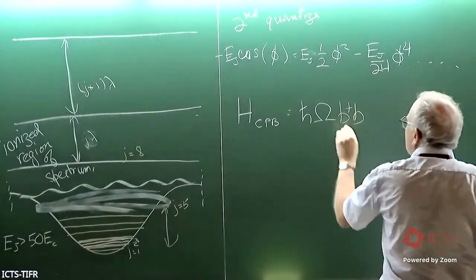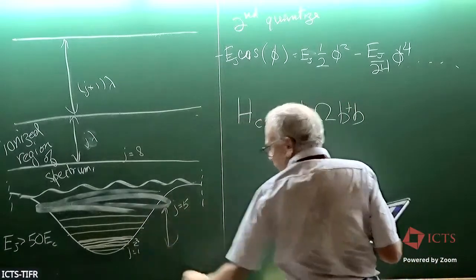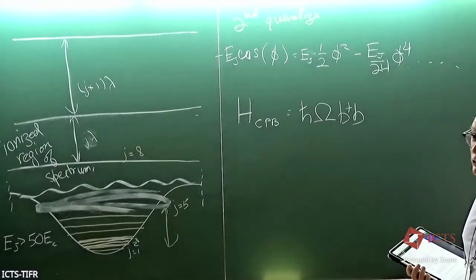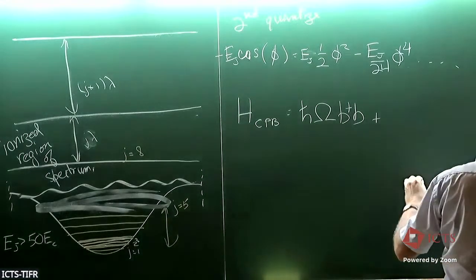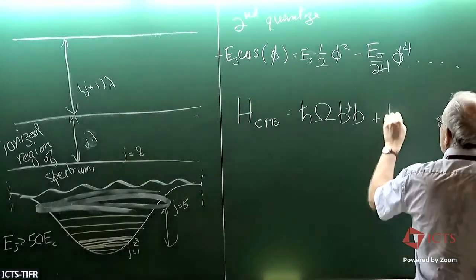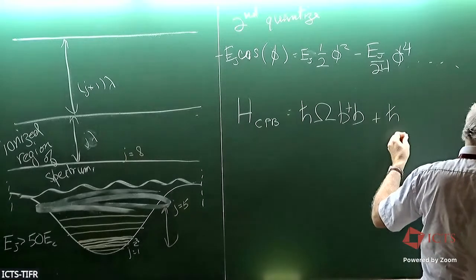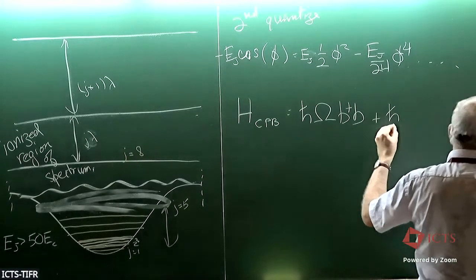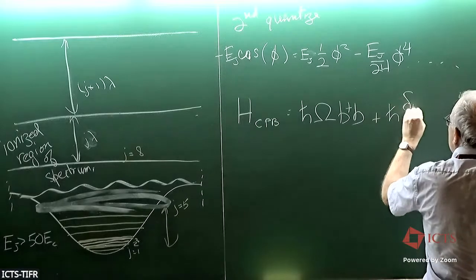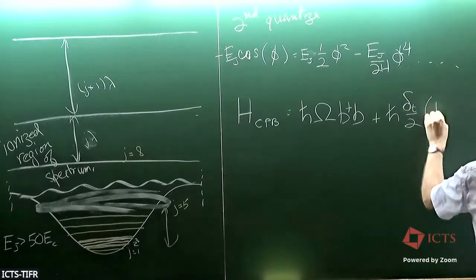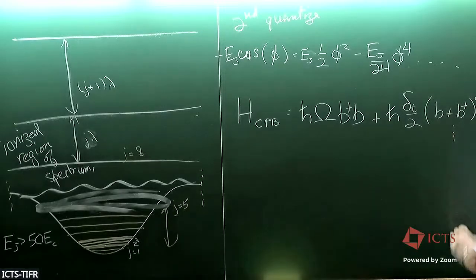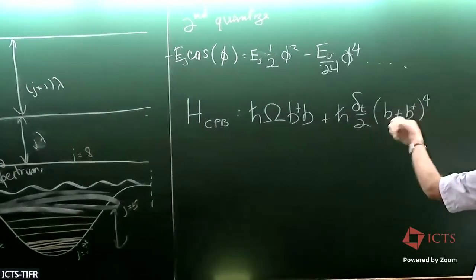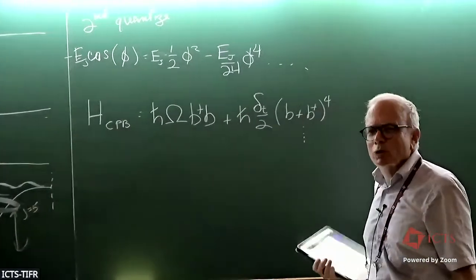So again, the first step of the description is that it's a harmonic oscillator. And then the next step is H bar, I don't know why H bars have started to appear again here, delta T over 2, but the important thing is it's just B plus B dagger to the 4th power, but then that indeed shows that this is not a good diagonalization.